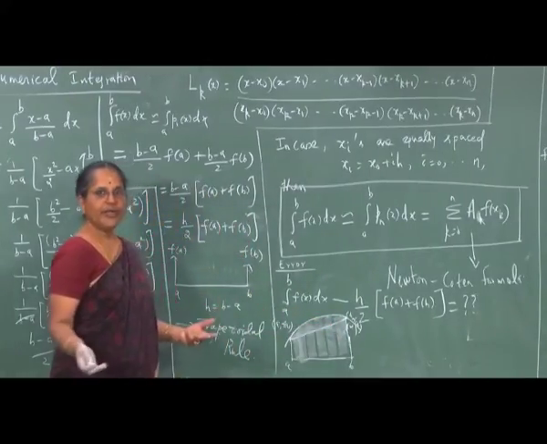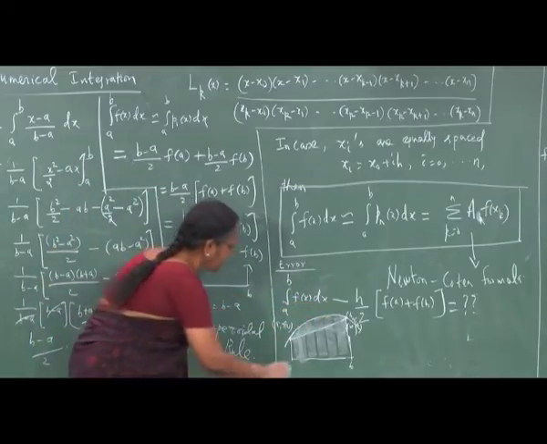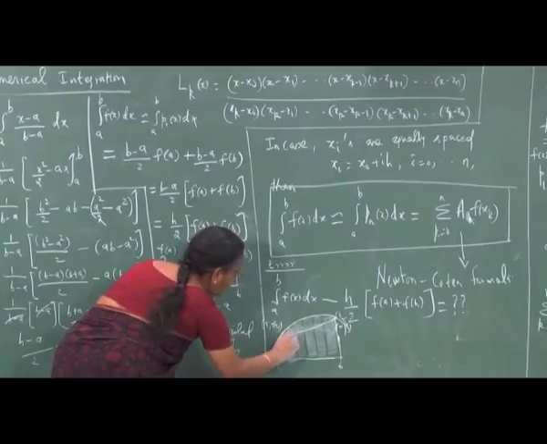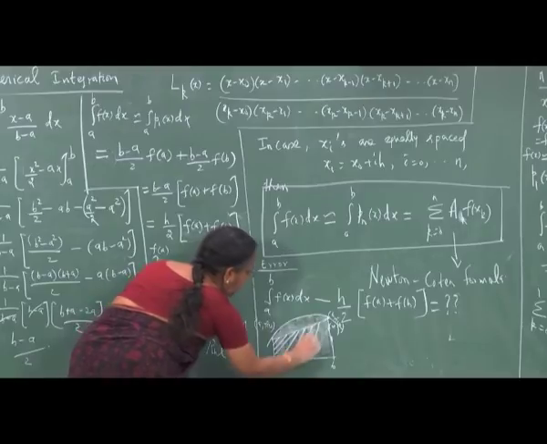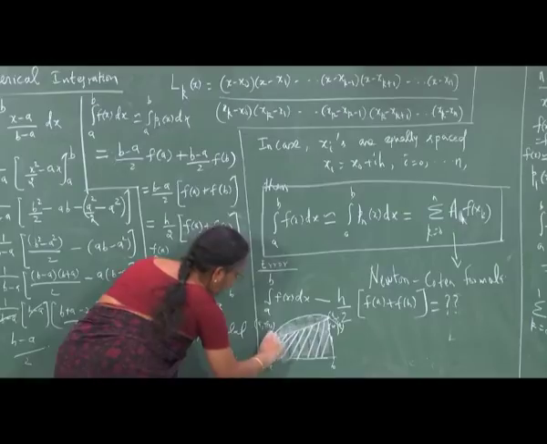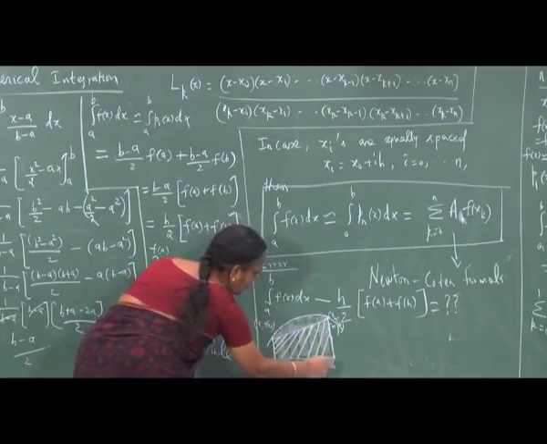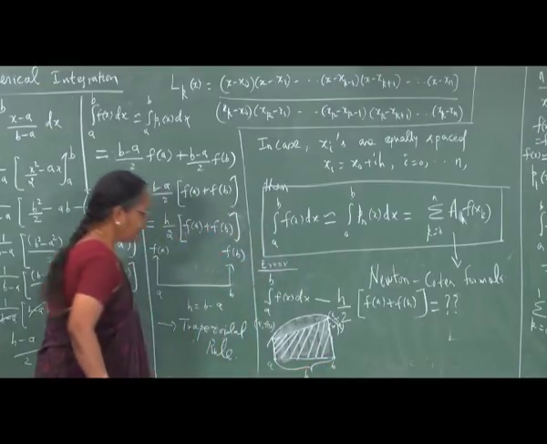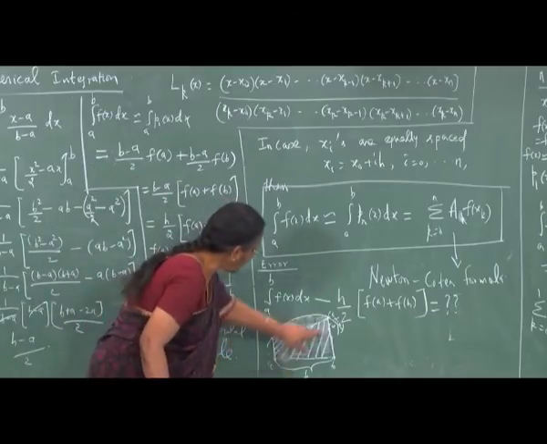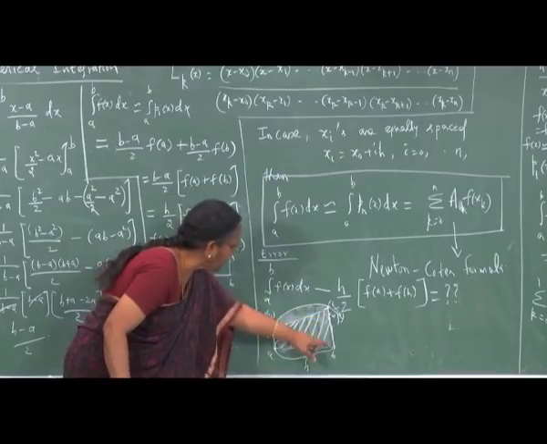But what did you do? You approximated f of x by means of a straight line passing through the points, and therefore you computed only the area under this line, namely you computed the area of the trapezium bounded by the parallel sides, namely at x is equal to a and x is equal to b, multiplied by the height which is equal to h. So, what is the area of the trapezium? It is h by 2 multiplied by the sum of the parallel sides.